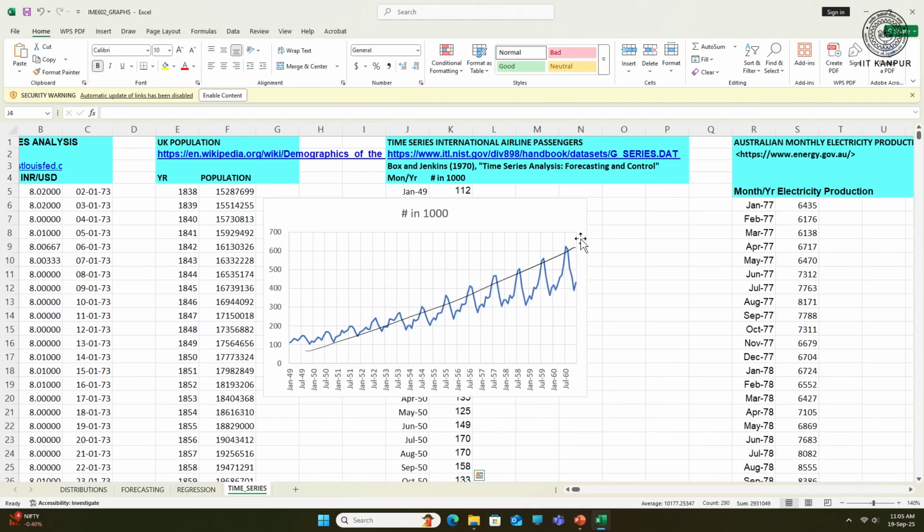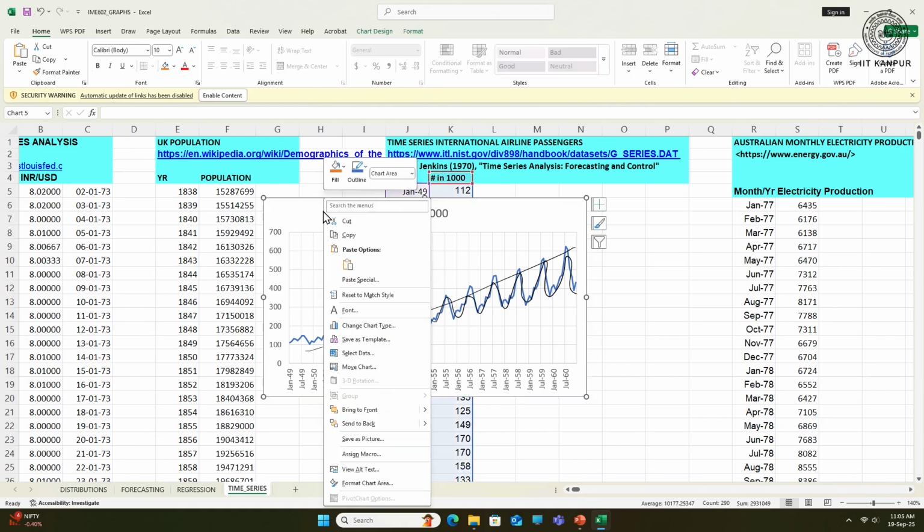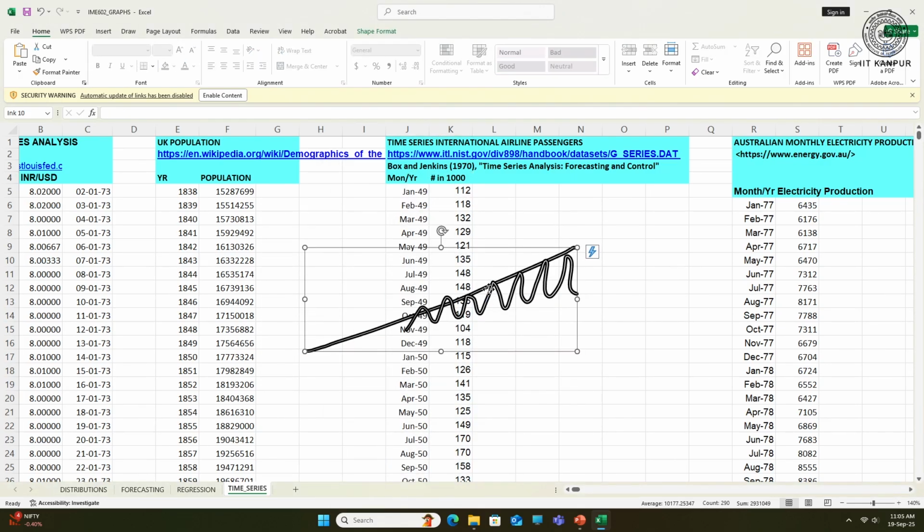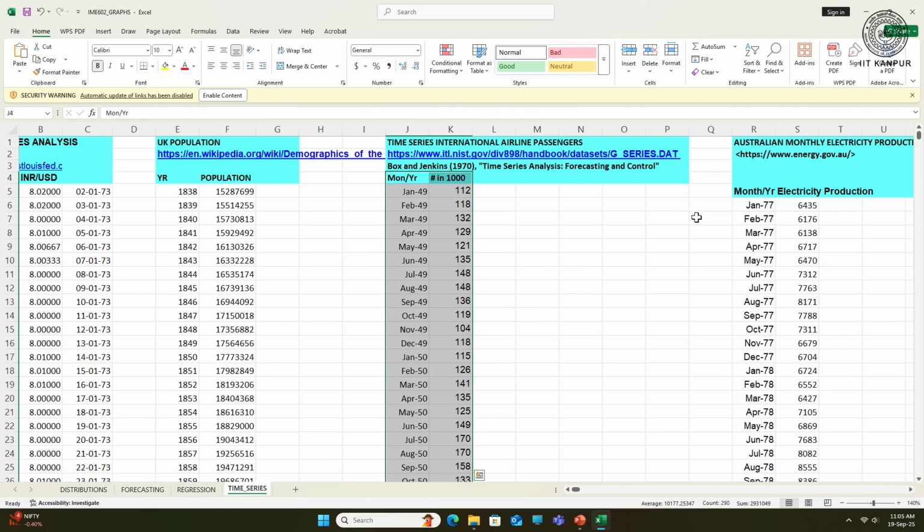I am just drawing the trend accordingly, and if you see there is a cyclicity which is going up and down. This cyclicity you will also find in another of the data which I will come to later on. So, this is the time series plot for the airline travel, and based on that I have done the autocorrelation function.